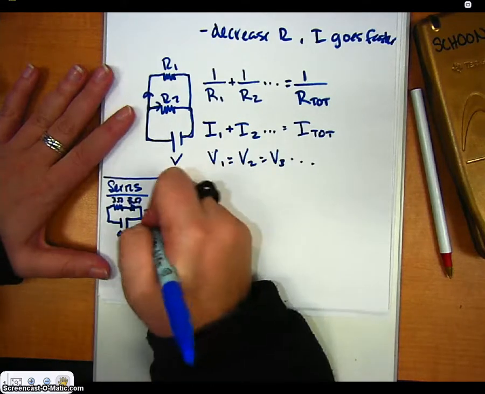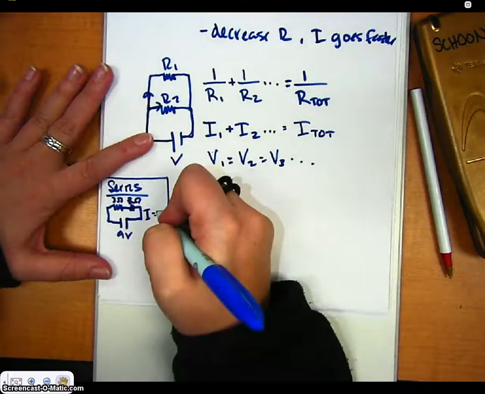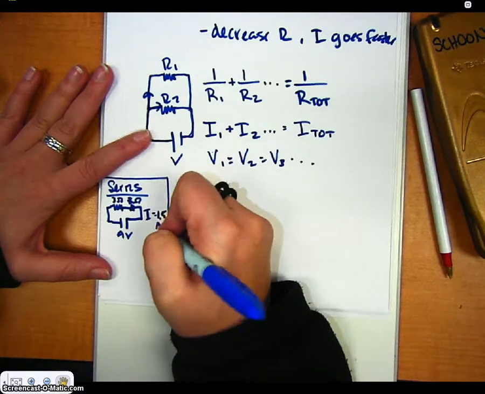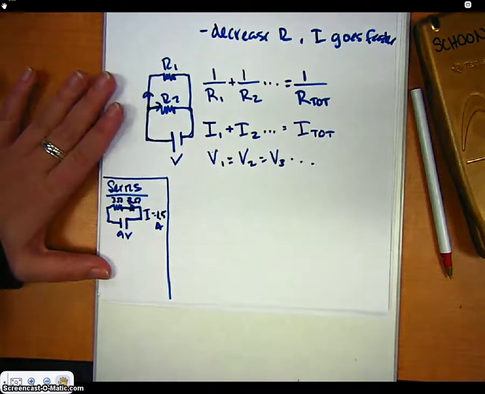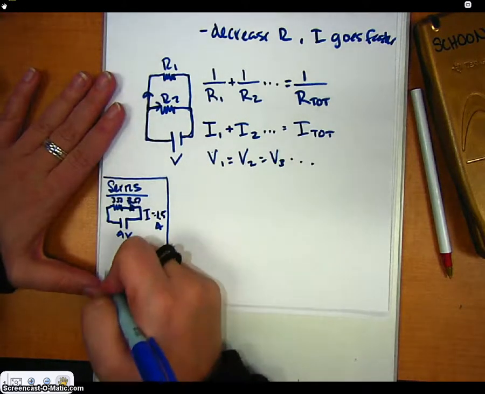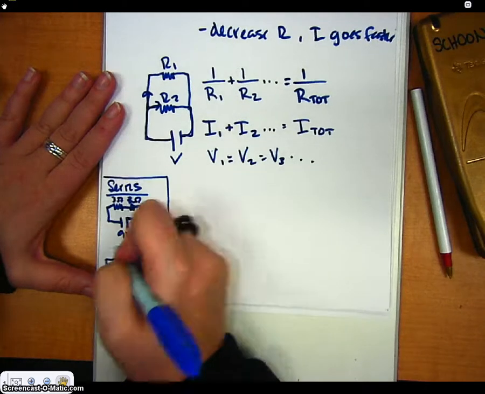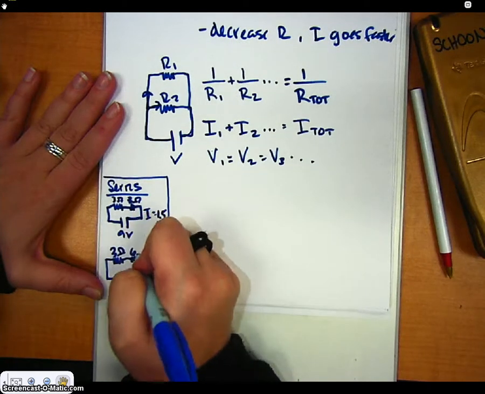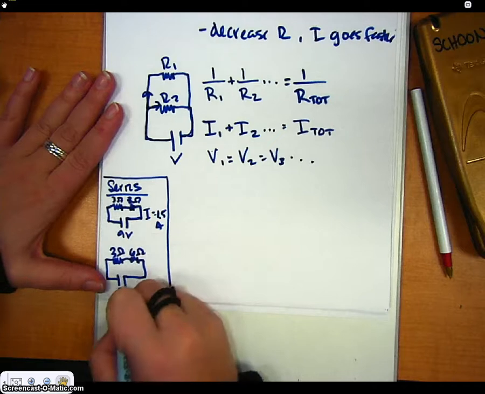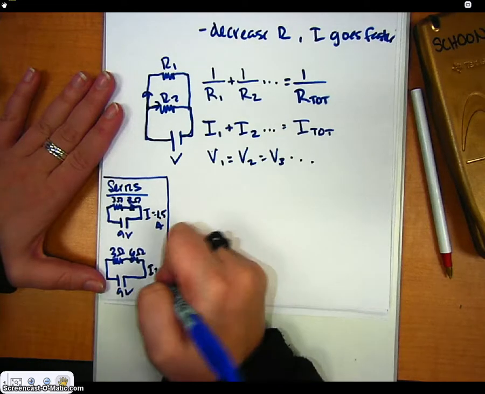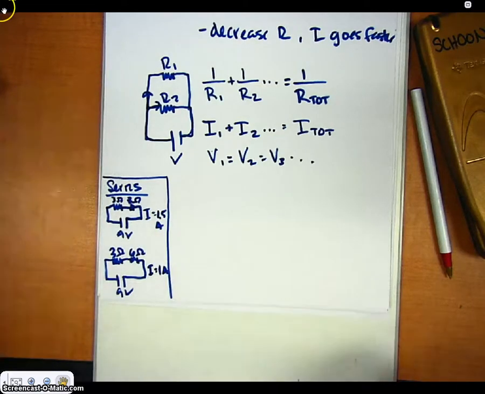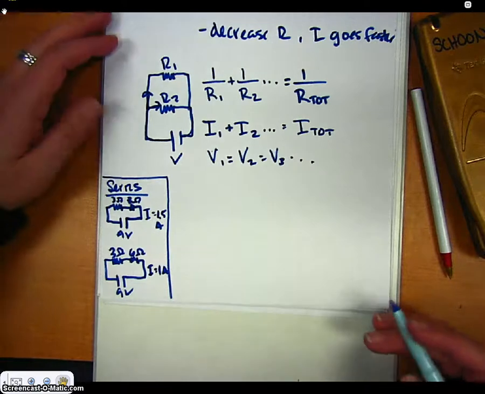The current was 1.5 amps. And then when we had a 3 ohm and a 6 ohm, again with a 9 volt battery, the current was 1 amp. So just so we can compare and see the difference, okay?